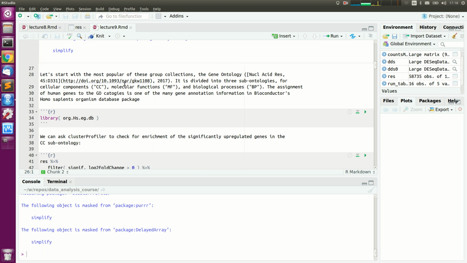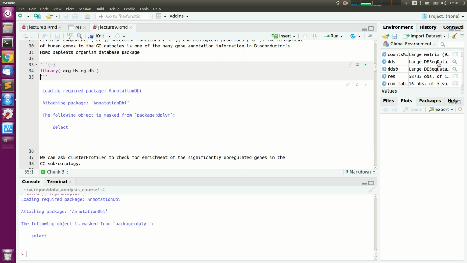So what we now do is we use something called the gene ontology, and we will first see how it looks and then talk a bit more about what it does. And we use this organism database package, org.Hs.eg.db, which means organism Homo sapiens Entrez gene database. This is Bioconductor's way of making what we call annotation packages, which just collect all the information known about the genes of Homo sapiens according to the Entrez gene database.